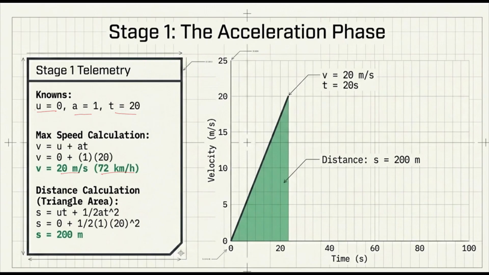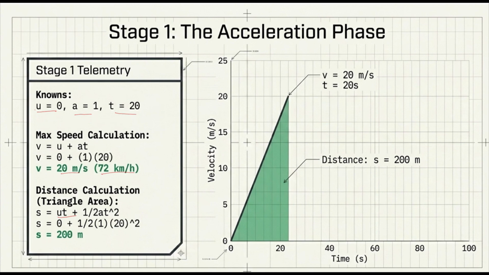Now you have to calculate the distance. You could calculate the area of the triangle, or we can use s is equal to ut plus 1 by 2 at square. Here u is 0, and when 0 is multiplied with any value it will be 0 only.